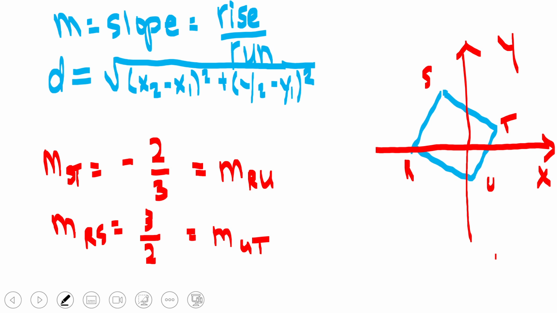Alright. Notice we have a negative reciprocal from one slope to the other. If we have a negative reciprocal, then figure RSTU is a rectangle.